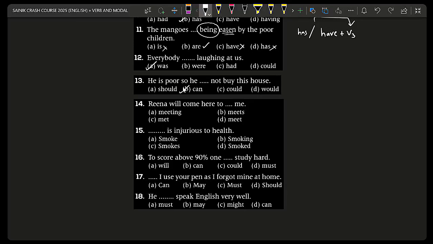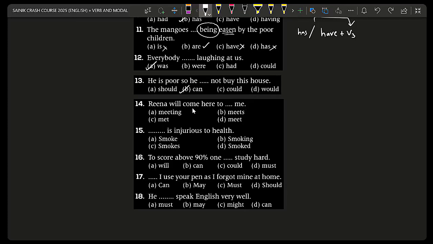Very good. Read the 14th question, Srivatsav. Rina will come here to dash me. Meets, meeting, met, meet.